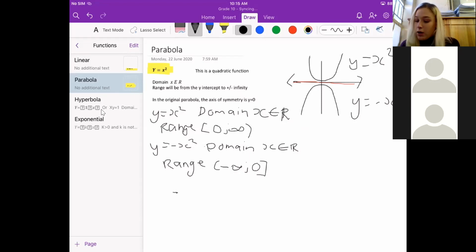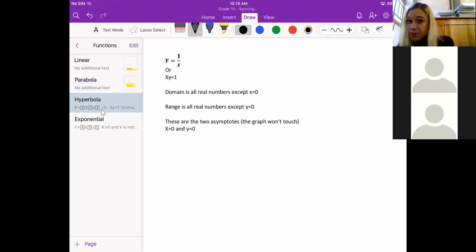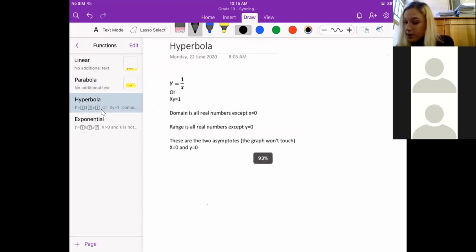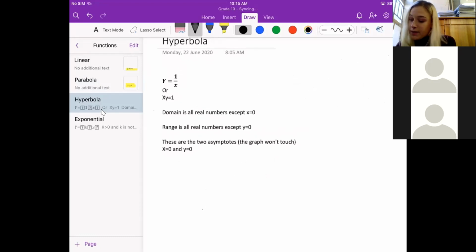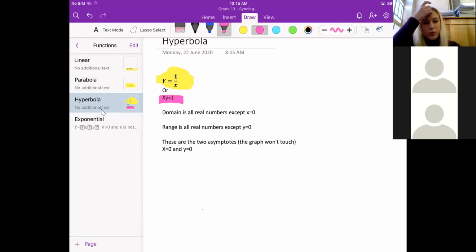Let's have a look at our hyperbola. If we have a look at our hyperbola, we see that our function's general form is y equals 1 over x. Sometimes this is hard to see in the beginning because they will give it to you in this form, xy equals 1.